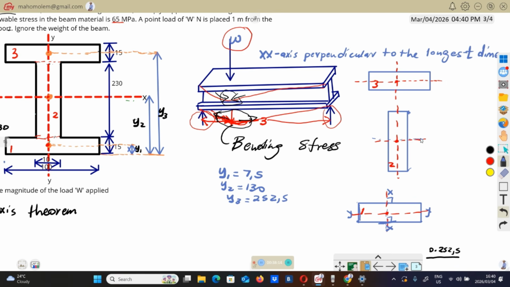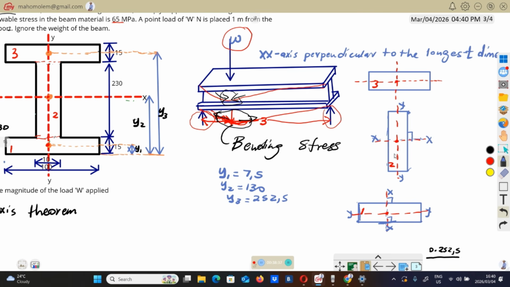This line perpendicular to the longer dimension, we call it XX. This red line, the vertical one, is parallel to this longer dimension. Therefore, this parallel one, we're going to call it YY.